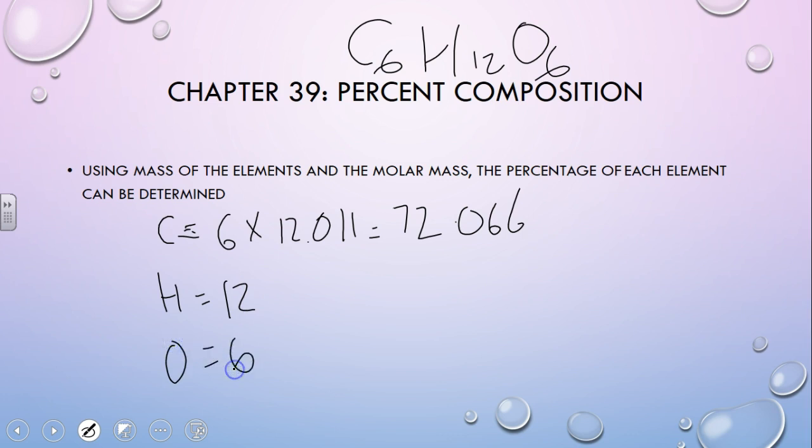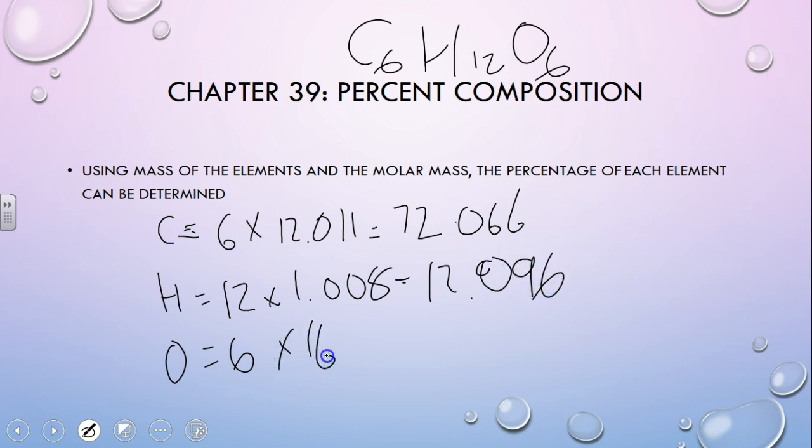Then for hydrogen, this is 12 times 1.008, and that equals, let me break out my calculator, 12.096, and this is 6 times 16.